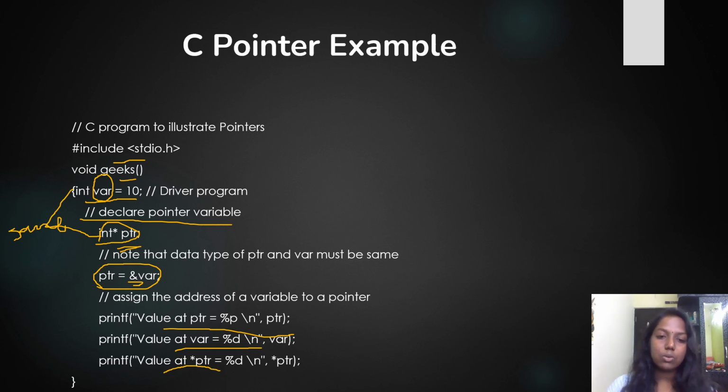So now let's go through this. Let's say our var is 10. So the value at ptr, where is our ptr? Here. Let's consider the address. Let's say the address is 101.